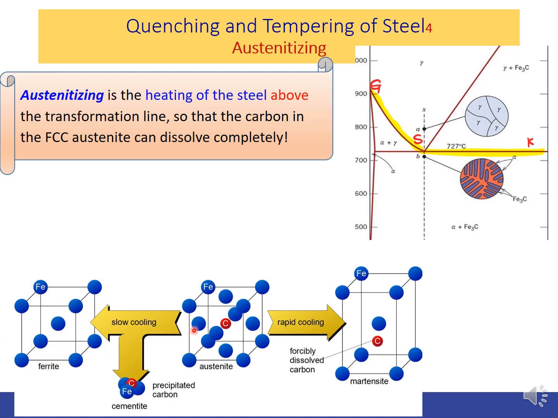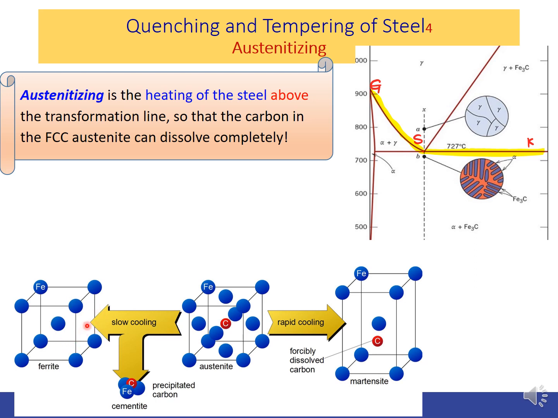Now, if the steel were to cool slowly again in this state, the austenite lattice would be transformed back into the ferrite structure, which is almost insoluble for the carbon.